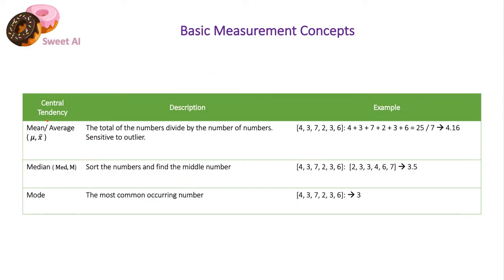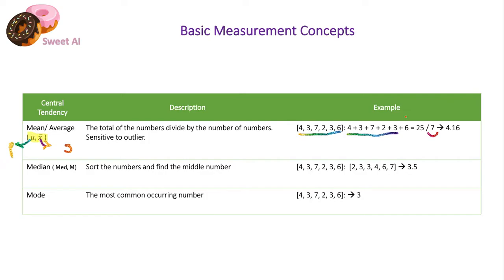So, central tendency measures. Let's talk about mean. Mean is shown using mu or x bar. Mu is when we have the mean of the population, and x bar is the mean of the sample. The way that we calculate mean is we get the total of the data points and divide it by the number of data points that we have.